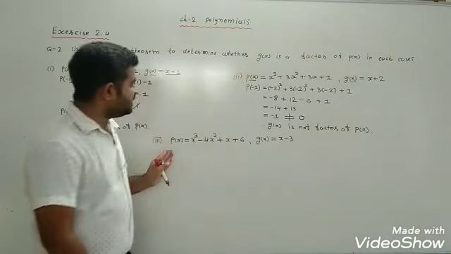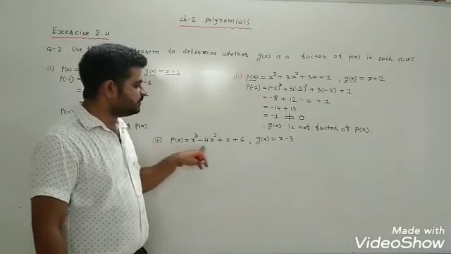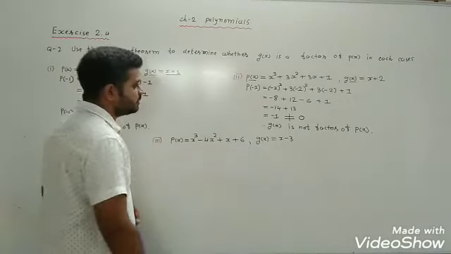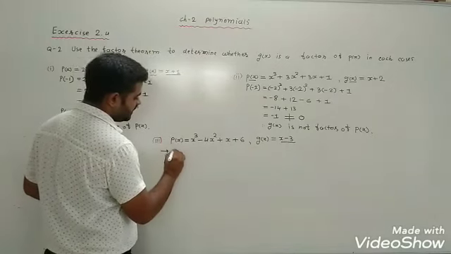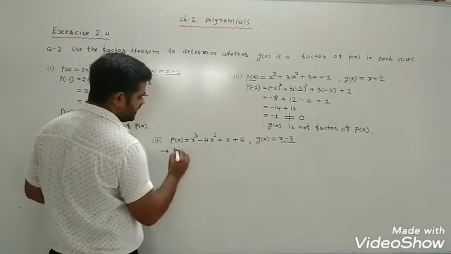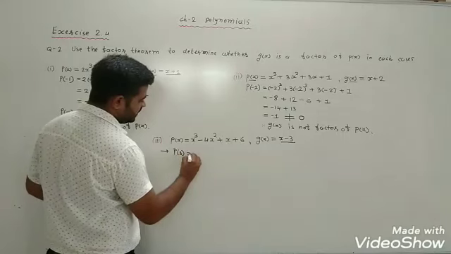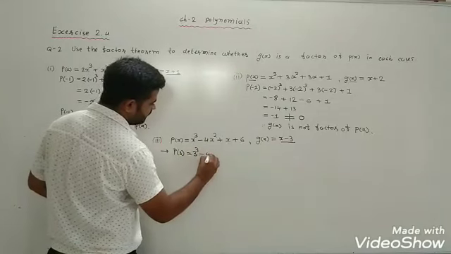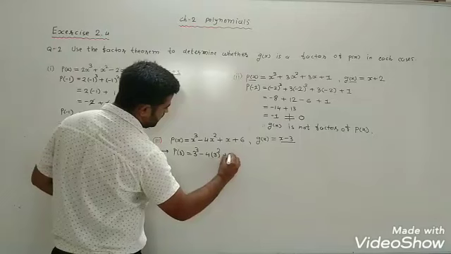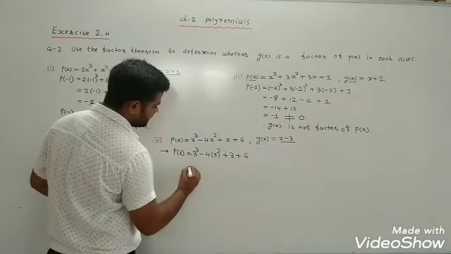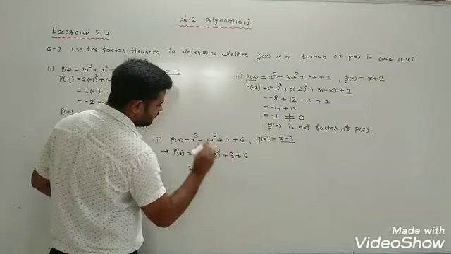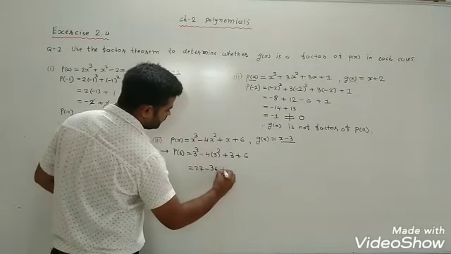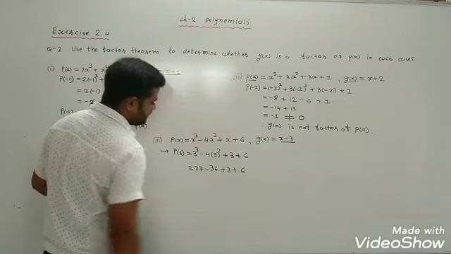Now question number 3, we have p of x is equal to this and g of x is equal to x minus 3. So I have to put here p of 3. So 3 cube minus 4 into 3 square plus 3 and plus 6. 3 cube 27, 3 square 9, 9 4s are 36 plus 3 and plus 6.